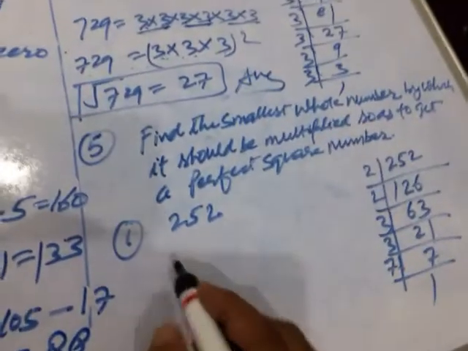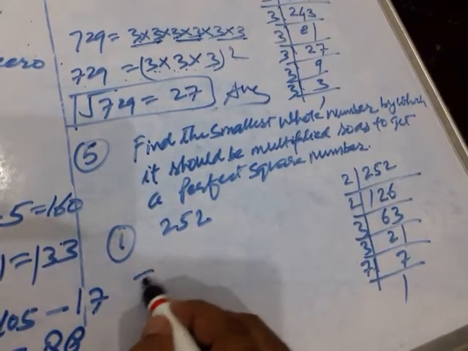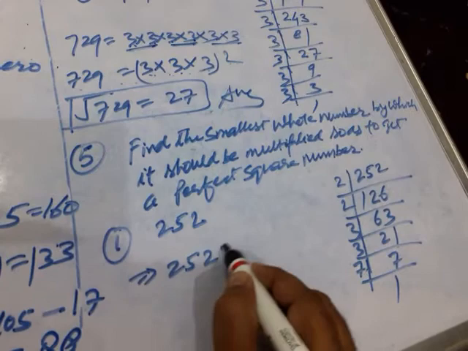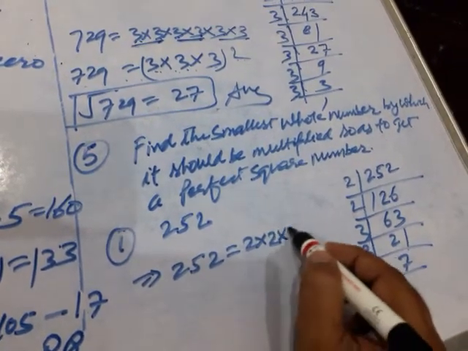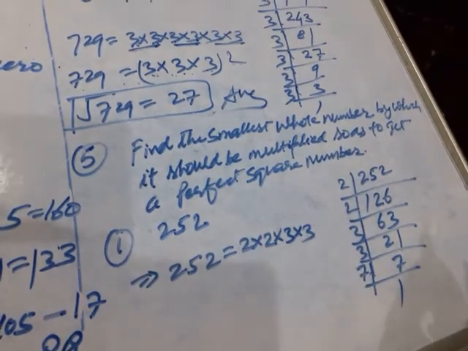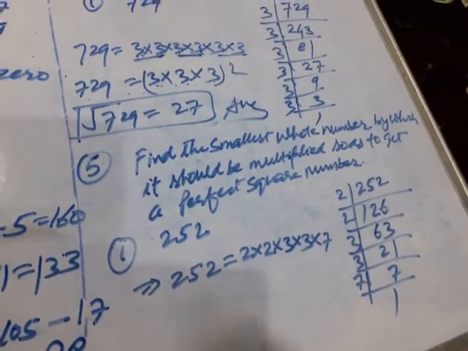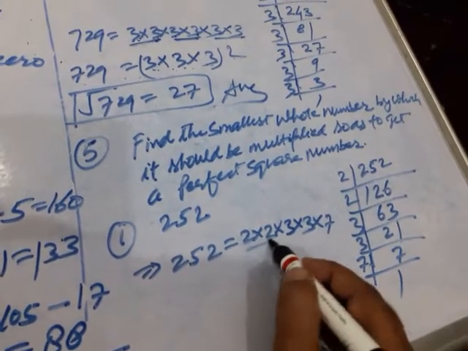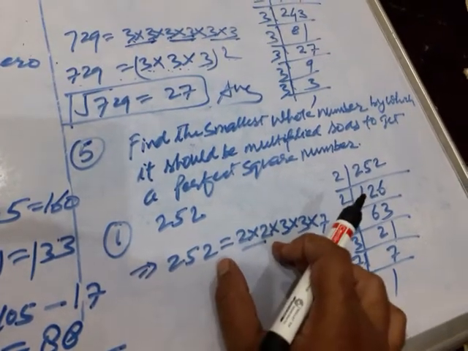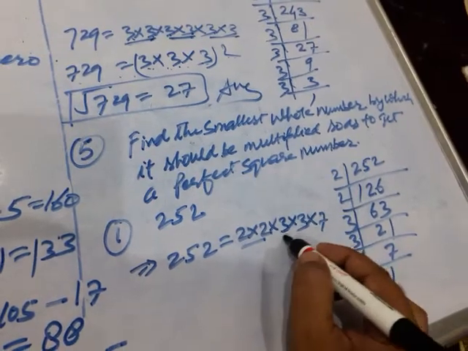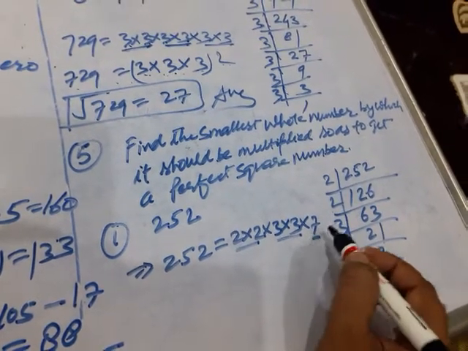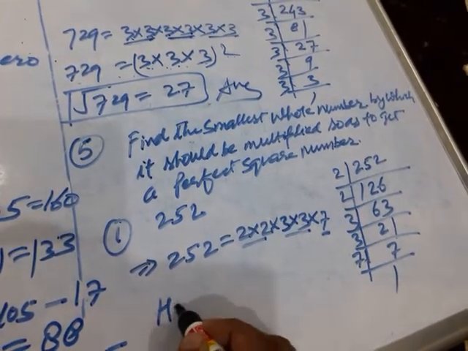Now this implies that 252 is equal to 2 into 2 into 3 into 3 into 7. Clear? Now make pairs. 2 is appearing in a pair, 3 is also appearing in a pair, but 7 is unpaired.